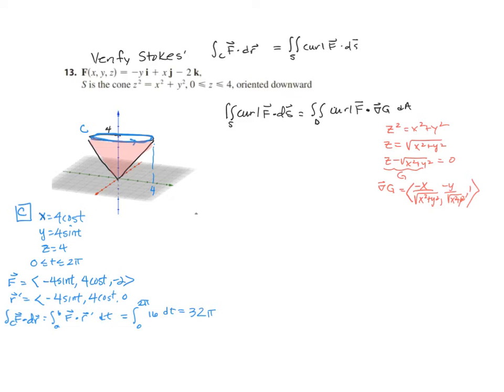Okay, now there's actually a twist in this problem, and that is here we're asked for downward orientation. Now the way Stokes' theorem is stated in your book, it assumes positive orientation of the curve combined with positive orientation of the surface. And now they're asking me for downward orientation of the surface.